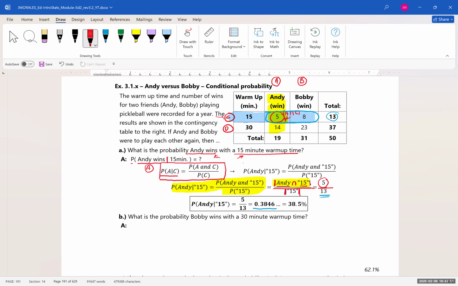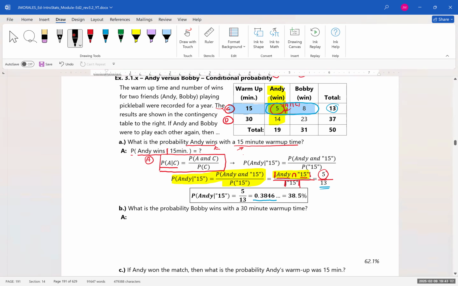All right, so let's come back and take a look at part B here. Off to the side, let's maybe recreate this contingency table, just so that symbolically we can see what we're working with here.